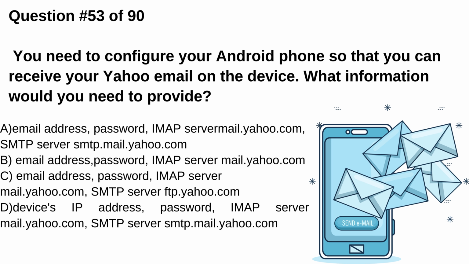Question 53 of 90. You need to configure your Android phone so that you can receive your Yahoo email on the device. What information would you need to provide? Is the answer A, email address, password, IMAP server mail.yahoo.com, SMTP server smtp.mail.yahoo.com? Is the answer B, email address, password, IMAP server, mail.yahoo.com? Is the answer C, email address, password, IMAP server mail.yahoo.com, SMTP server stp.yahoo.com?